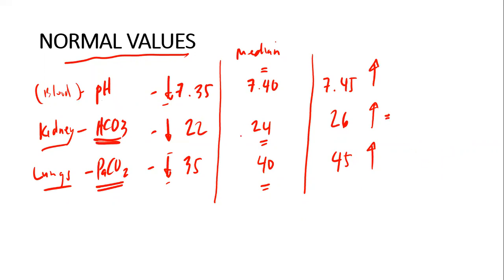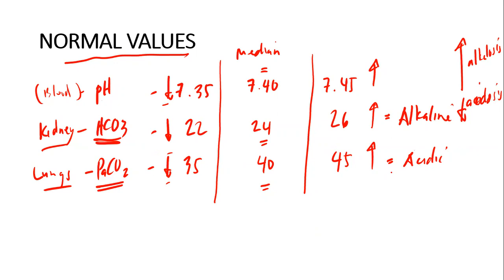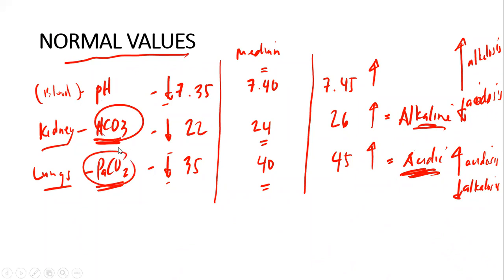Again, by nature, bicarb is alkaline. By nature, carbon dioxide is acidic. Therefore, the more bicarb, the more alkalotic. The less bicarb is acidosis. All right, acidosis. Now, with PaCO2, the more carbon dioxide, meaning acidosis, because by nature, carbon dioxide is acidic. The less PaCO2, it is alkalosis. Because you know the nature of the values here, right?